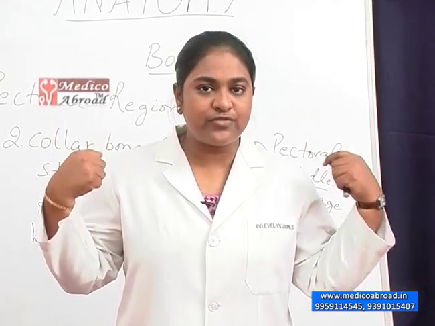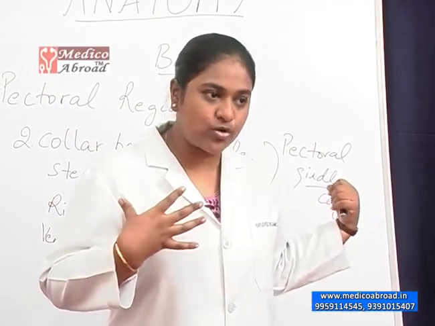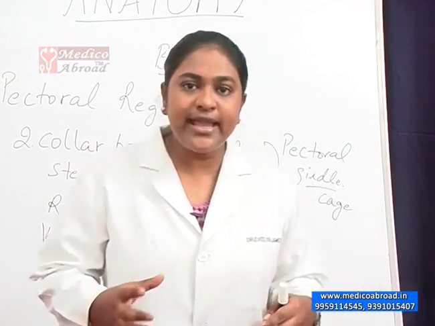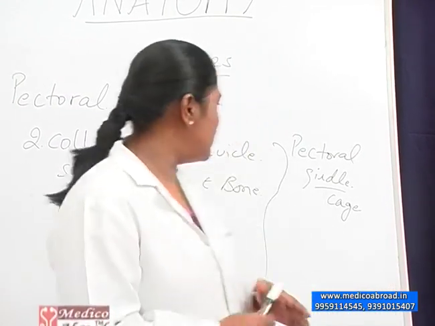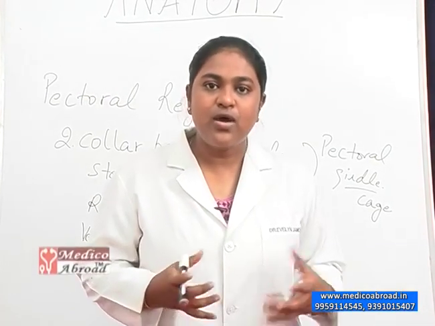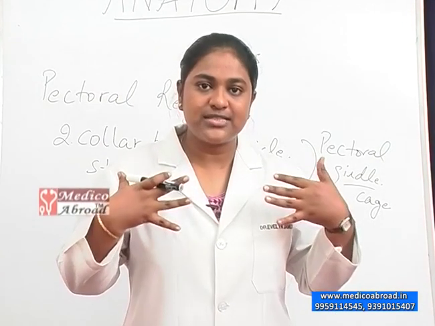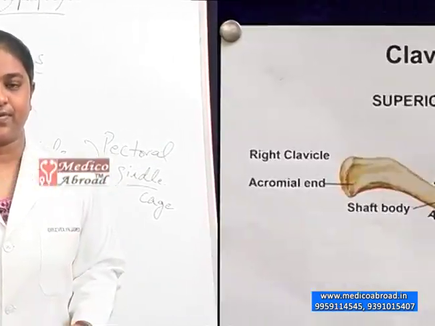Now the strength of the upper body comes from the muscles which are attached to the pectoral girdle. We'll take a look at two bones, the clavicle and the breastbone, and we'll study how the rest of the bones are attached to these two central bones.